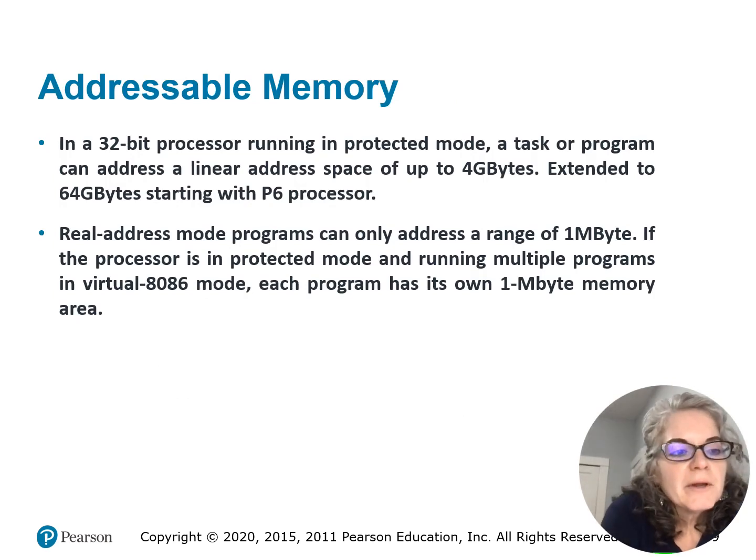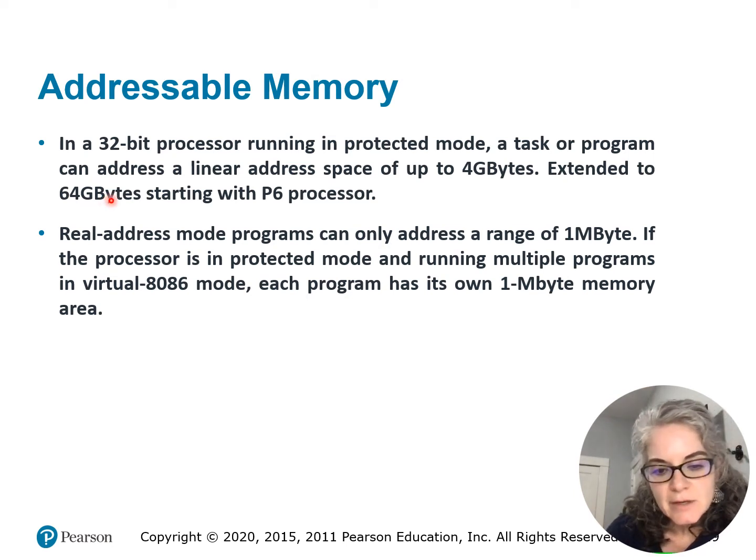So, addressable memory. In a 32-bit processor that is running in protected mode, a task or program can address a linear address space of up to 4 gigabytes. Linear address space means that you have one address after the next after the next.